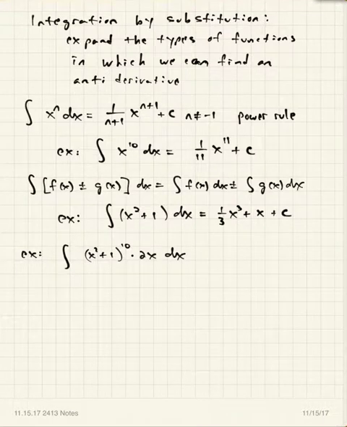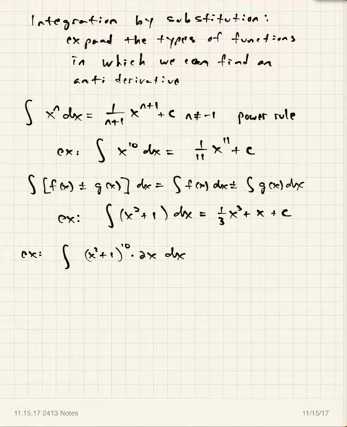It doesn't seem to fit either of the two things that we just talked about. It's not an x to a power. It's also not even remotely practical that I could take x squared plus 1 and raise it to the 10th power and then multiply through by 2x and then find the antiderivative of that. That's not practical at all. So how do we go about dealing with an antiderivative like this one right here?